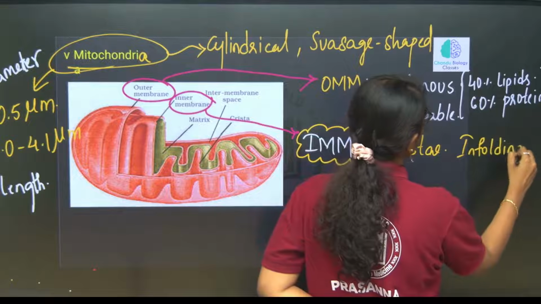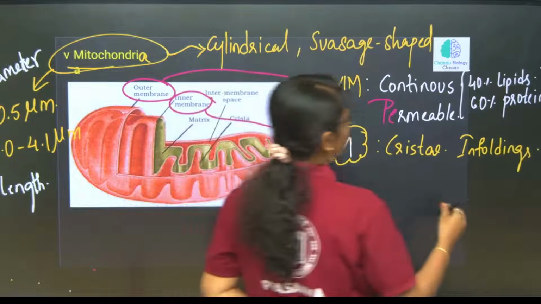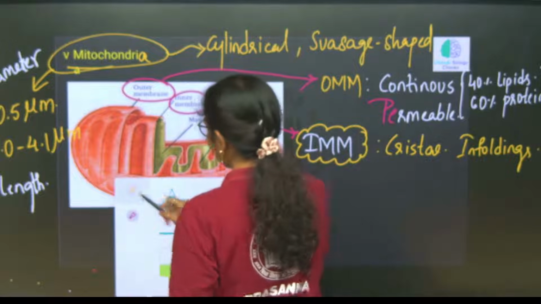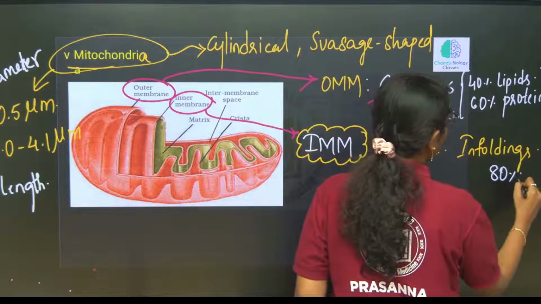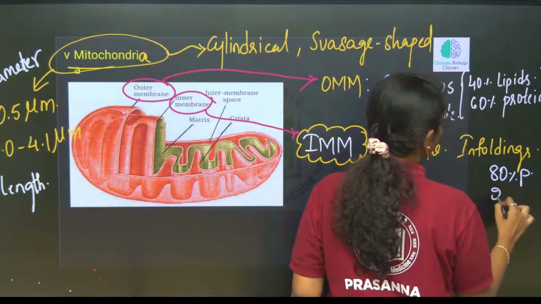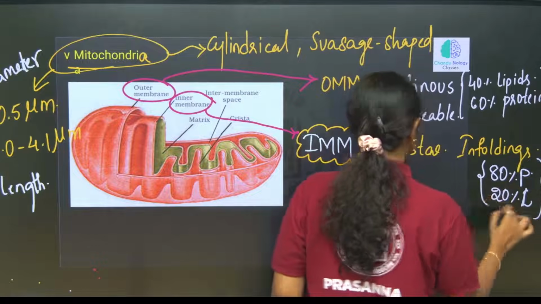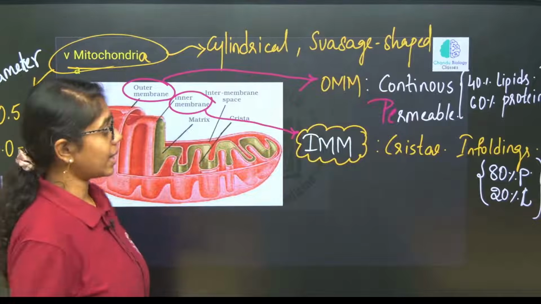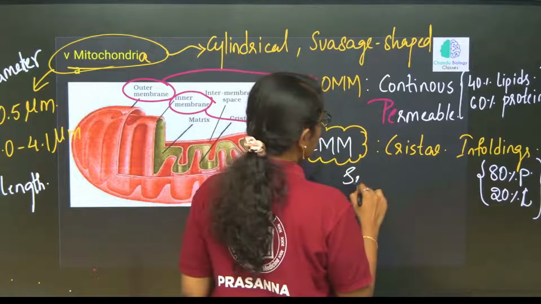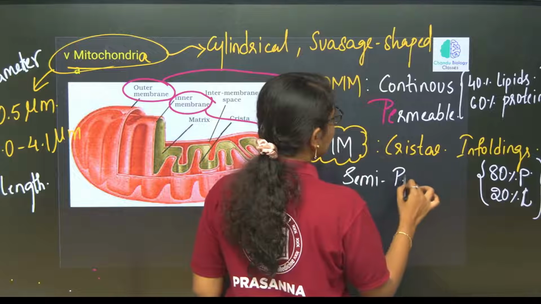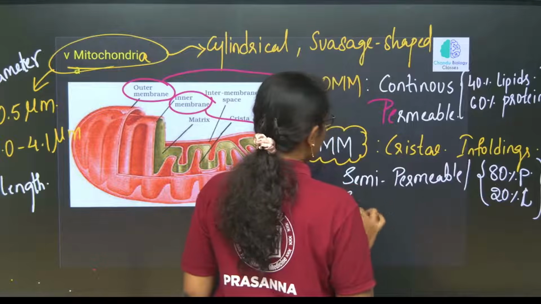Here, if you see the protein and lipid composition, proteins will be around 80% and lipids 20%. This is present in the inner mitochondrial membrane, that is cristae, and this is semi-permeable, or selectively permeable.